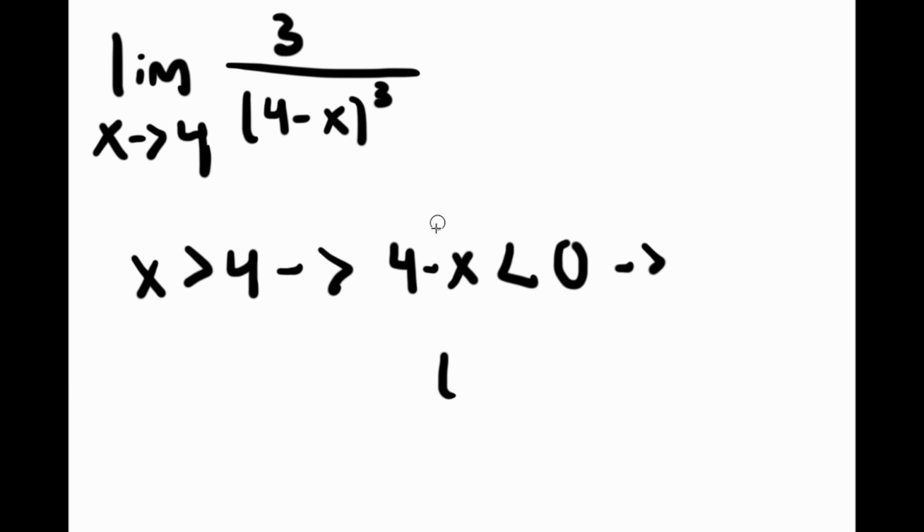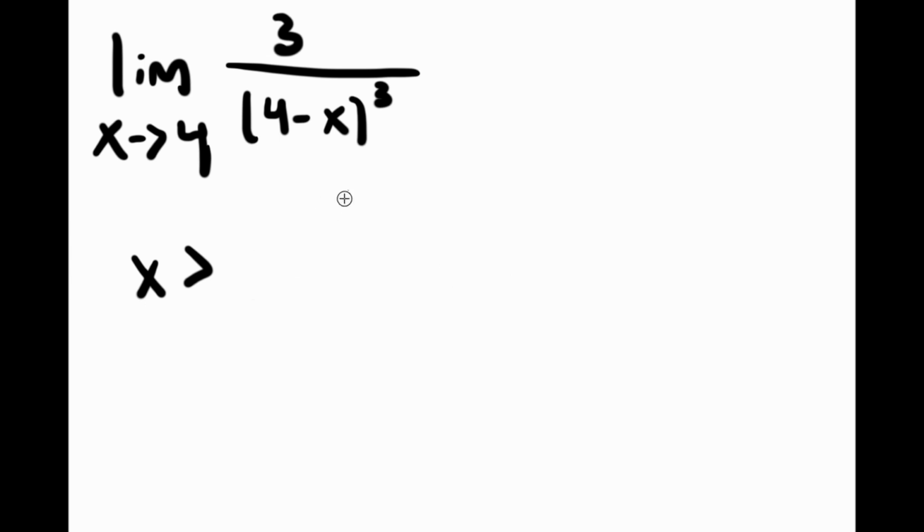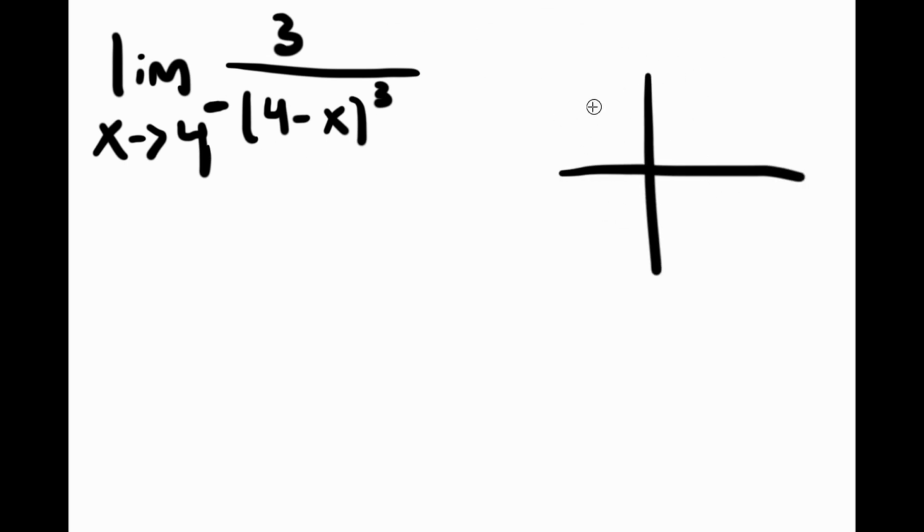Now, let's take a look at the left-hand side. You could always remember the left and right hand side of a limit just by a graph. The left side on the x-plane is negative. On the right hand side, it's positive. So let's do the left side now.